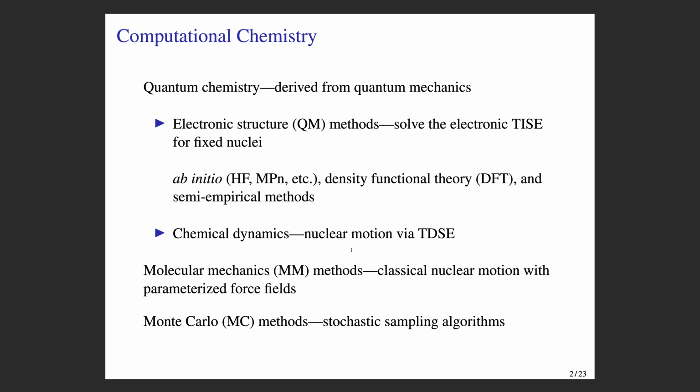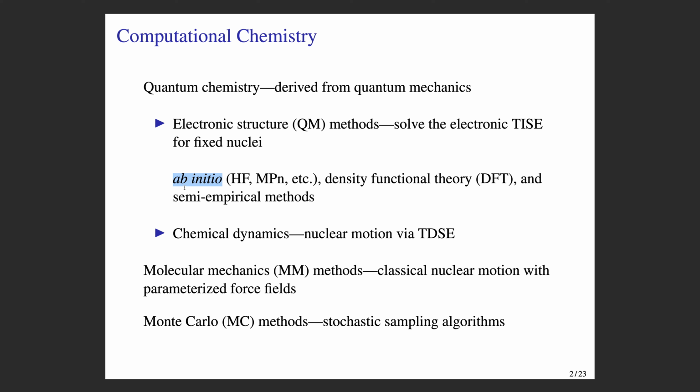One class of electronic structure calculations is called ab initio methods. The term ab initio is Latin. It means essentially from first principles, meaning from the Schrodinger equation. These methods are derived from physics, and they are used to calculate the electronic properties of different molecules, that is, properties derived from the electronic structure of molecules.